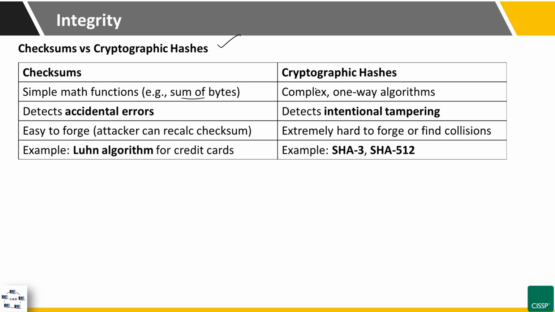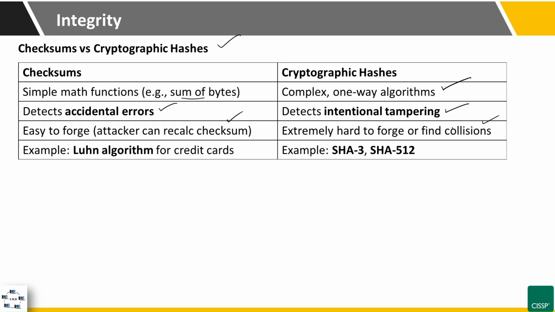Cryptographic hashes are complex and based on one-way algorithms. Checksums basically detect accidental errors, while cryptographic hashes detect intentional tampering as well as other alterations in transit. Checksums are easy to forge. An attacker can recalculate the checksum, but cryptographic hashes are extremely hard to forge or to find collisions.